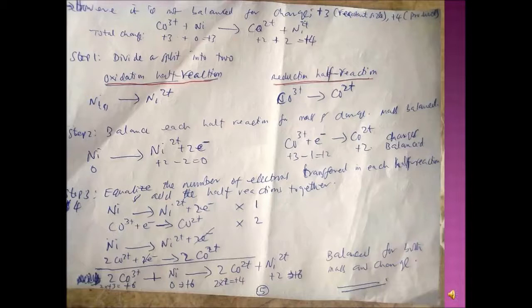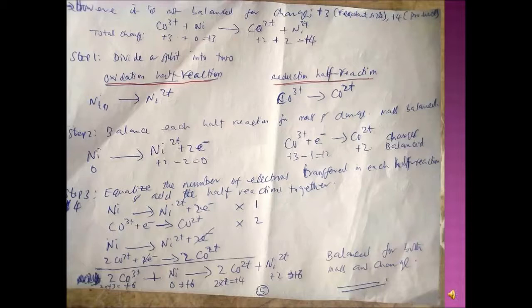Then by the time you do that, we have 1 nickel giving nickel 2+ plus 2 electrons, and when you multiply the cobalt by 2, we have 2 cobalt 3+ plus 2 electrons giving 2 cobalt 2+. Now if you look at this, you discover that we have 2 electrons on the nickel side and 2 electrons on the cobalt side.